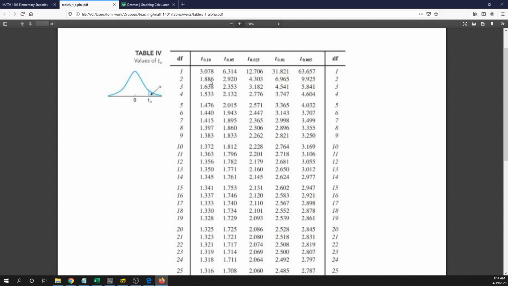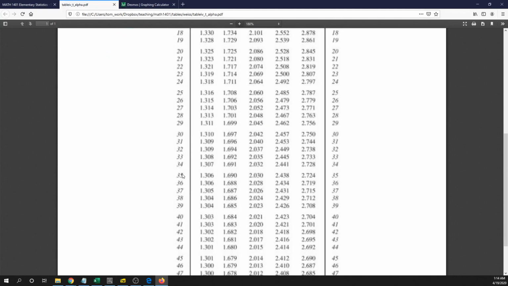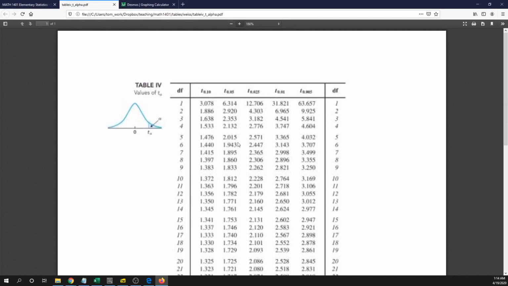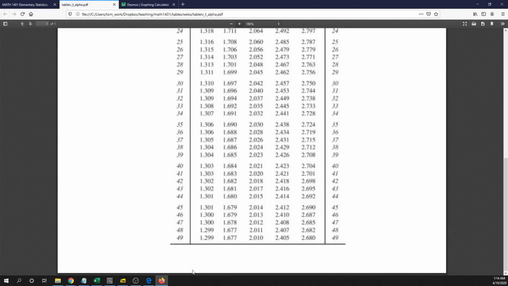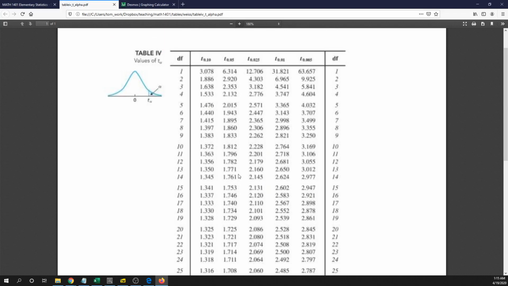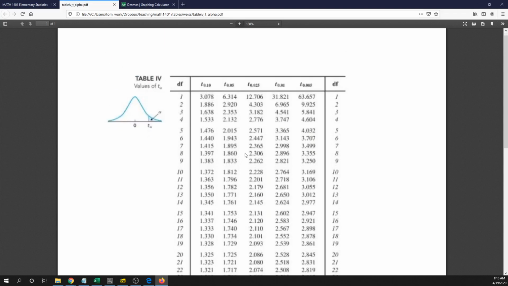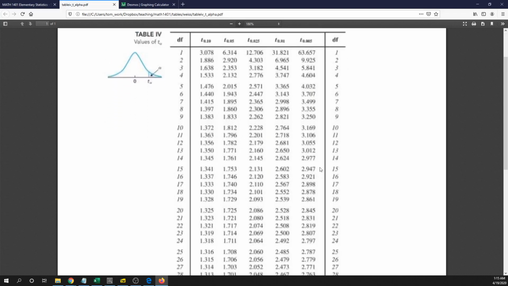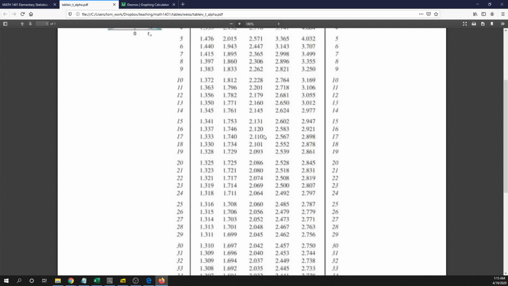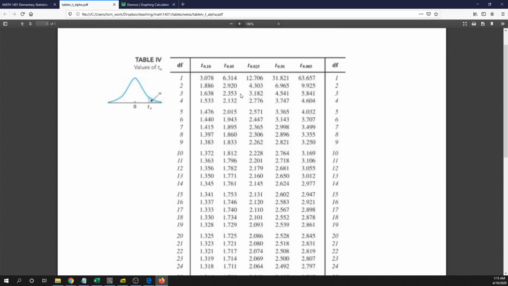So you need a chart for every one of these values of degrees of freedom. Well, that's a lot of pages. You'd need 49 pages, or times 2, I guess, to represent that. And we don't have that. So we're just going to go with this table here, and I will show you how to do that.